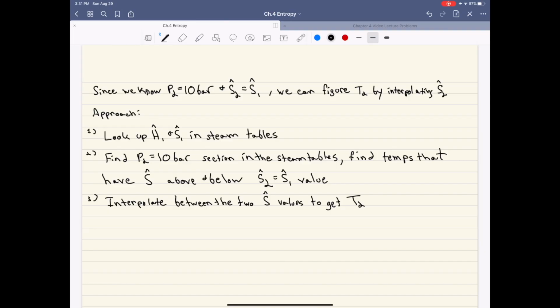All right, and so once we have temperature 2, we could then use that temperature 2 value to interpolate our enthalpy value for H2. And once we have H2, we could then go back to our energy balance and solve for the shaft work. Okay? So, let's put this approach into action.